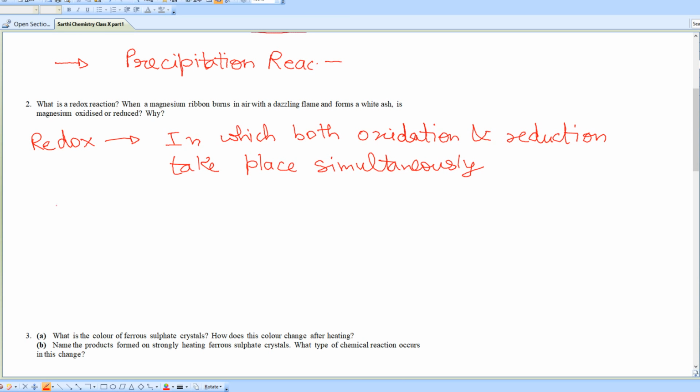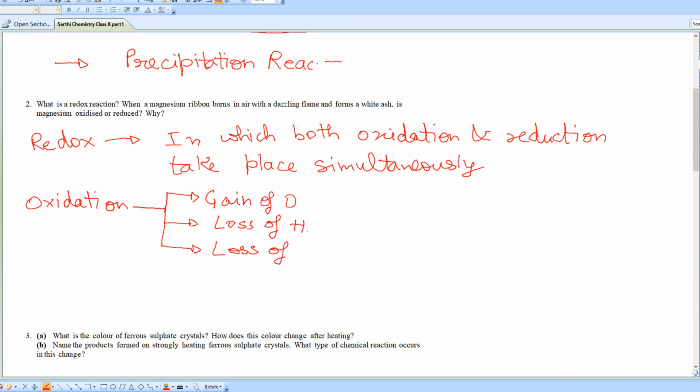So what is meant by oxidation? Oxidation can mean any of these three things: gain of oxygen, or loss of hydrogen, or loss of electrons. If any one of these three things is happening, then we can say it is oxidation. And what about reduction? In reduction again we have three things.